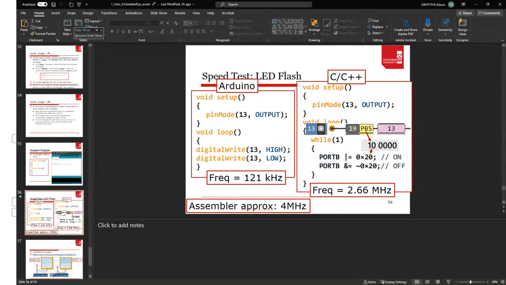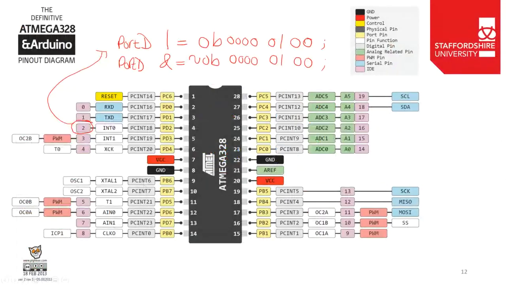So the zeros on the left, no, you don't have to type the zeros on the left. That's just for my explanation to you to show that port D has that number of inputs. So we can type 0b for binary and just type 100.